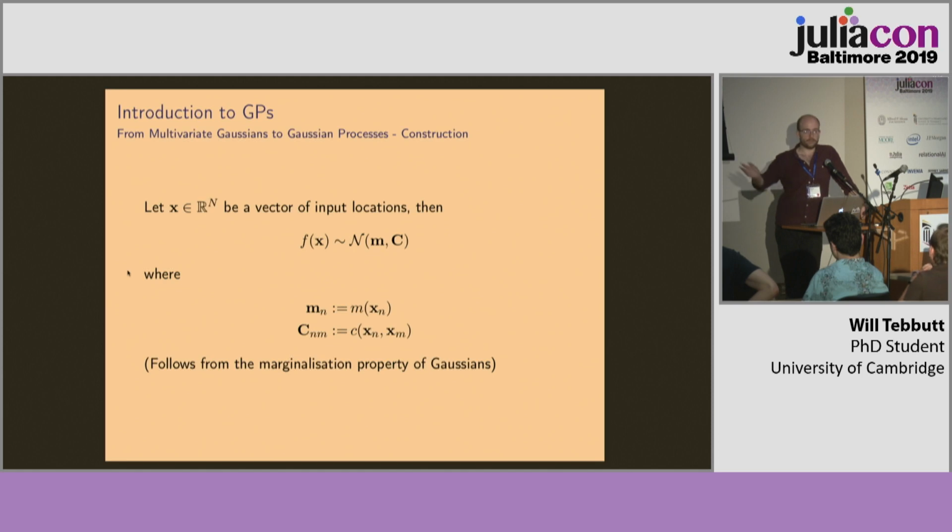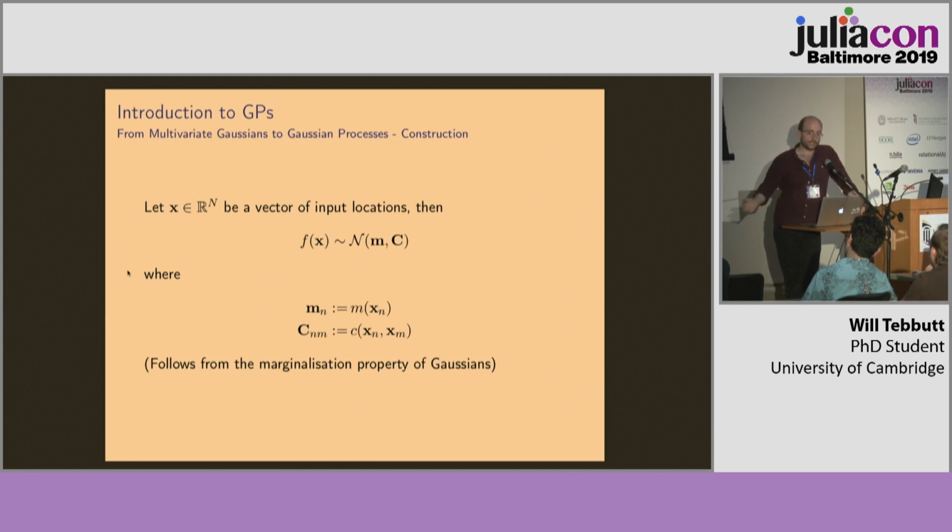So I can ignore an infinitely large number of Gaussian random variables and just consider the finite subset that I'm interested in. Say I have some observations at some input locations, call those input locations X, and I'm just interested in the random variables F at those locations, so that's this notation here, F of X, the vectorized F of X, if you like.